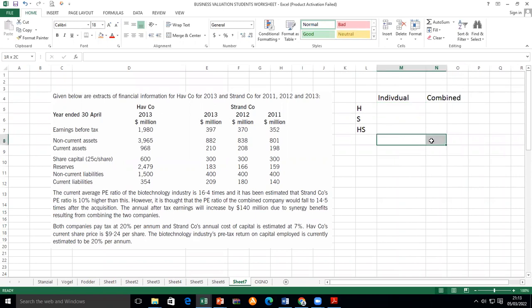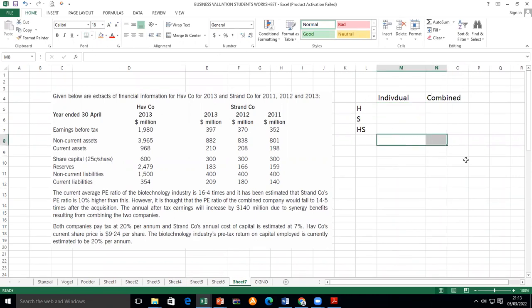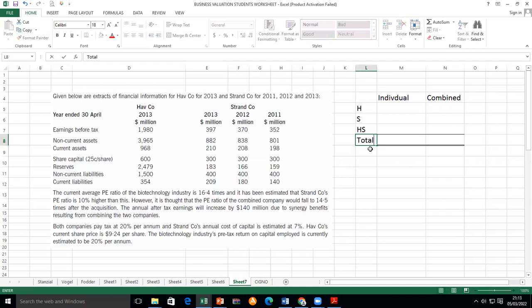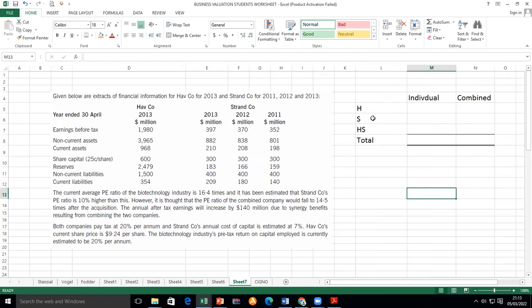Let's fill in what has been given. Remember the last question we did, M and N? Some values were given, isn't it? Is there any value which is given today?